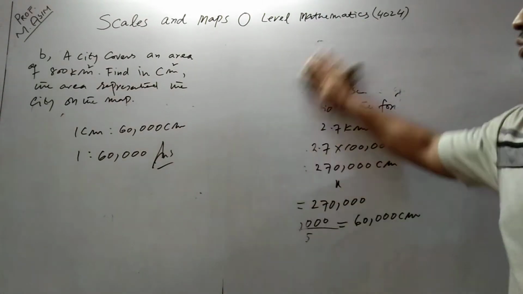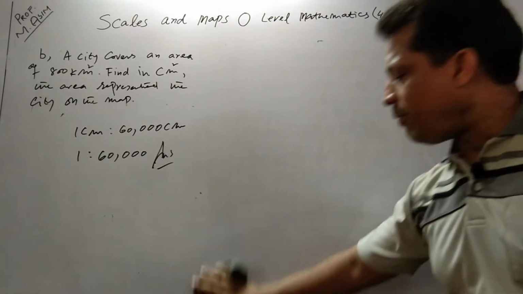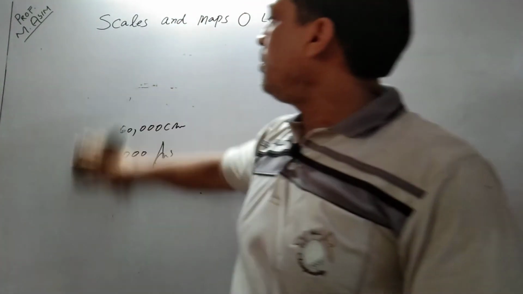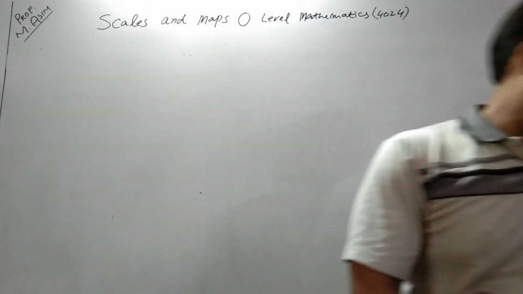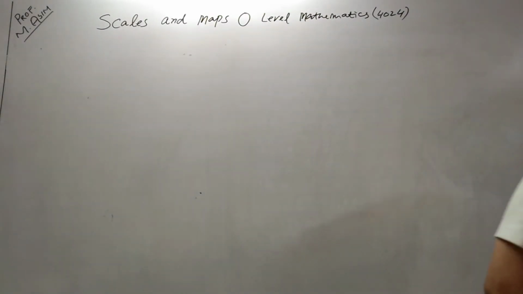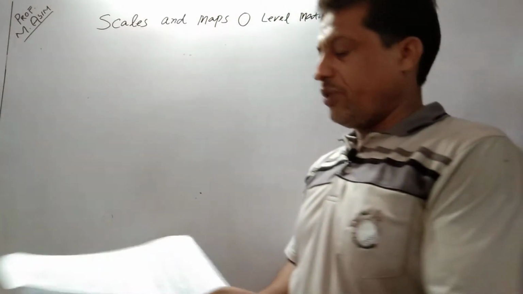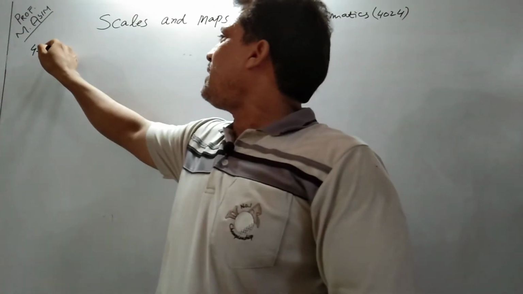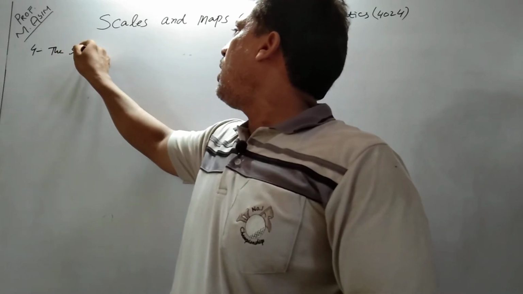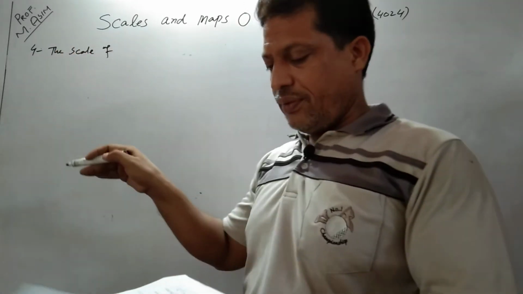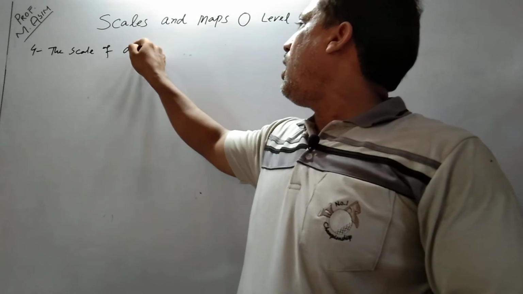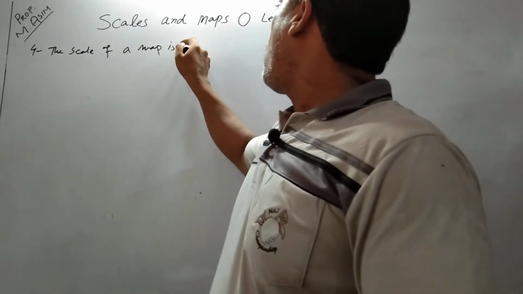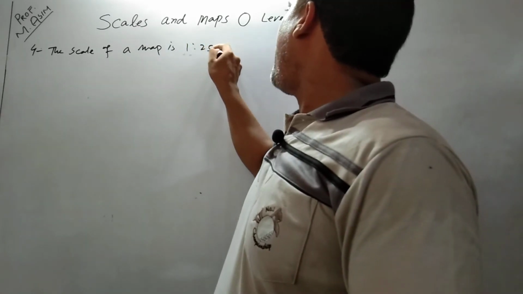See question number 4. All the questions which I am doing, I took from past papers. Question number 4. The scale of a map is 1:25,000.